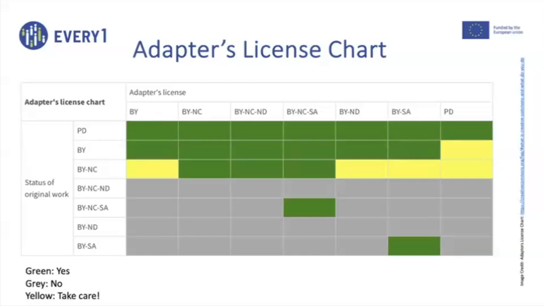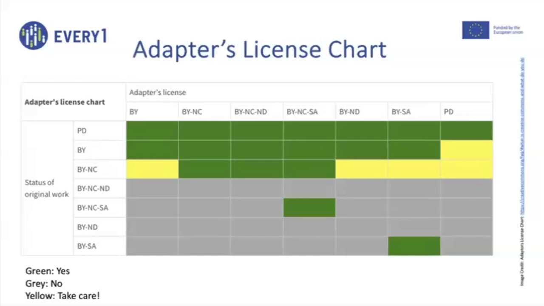You can see here the CC BY non-commercial status of the original work raises a number of yellow, or as I put here, take care options, where if you're thinking about that non-commercial element within the original, really you want to retain that, because the original creator specified that they didn't want it to be used in commercial contexts.